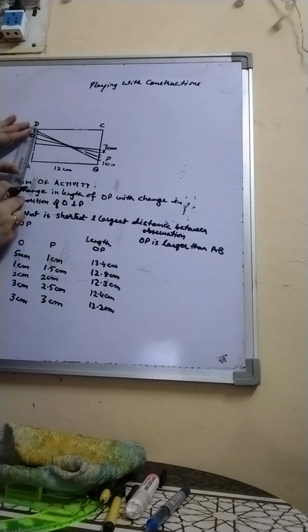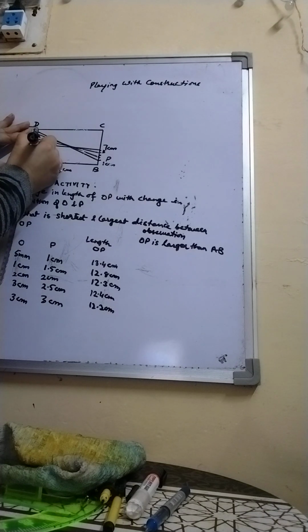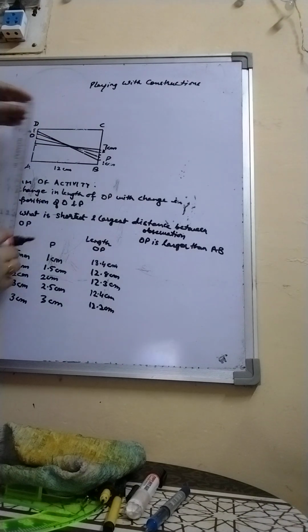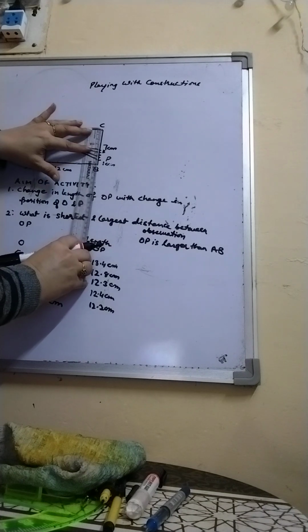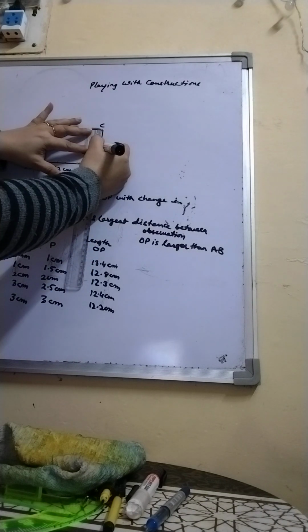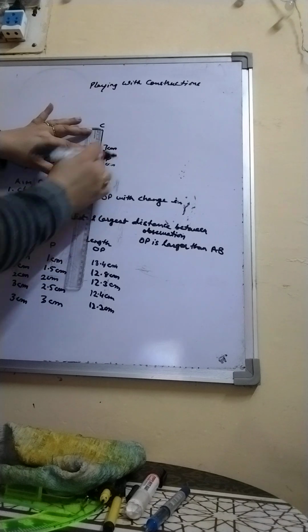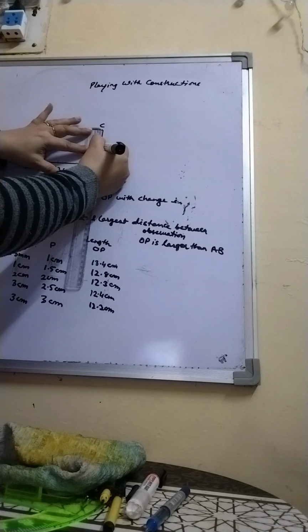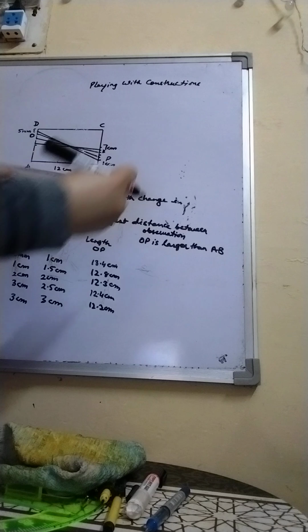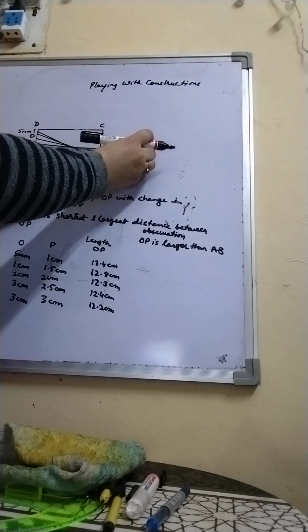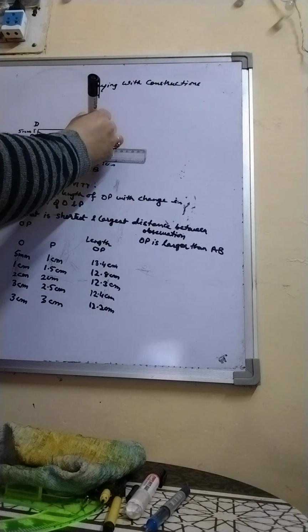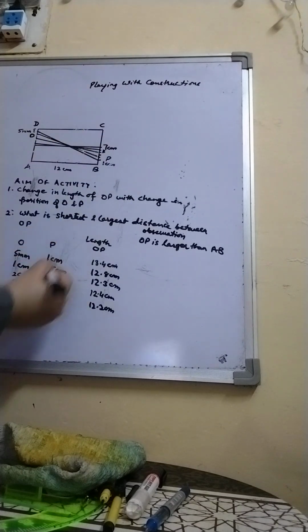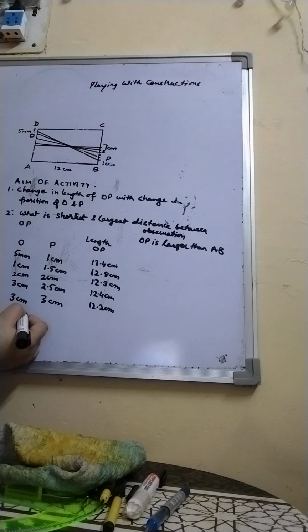Then we take the point at 3.5 centimeter and here also 3.5 centimeter and join the two. So this is 3.5 centimeter and this is also 3.5 centimeter.